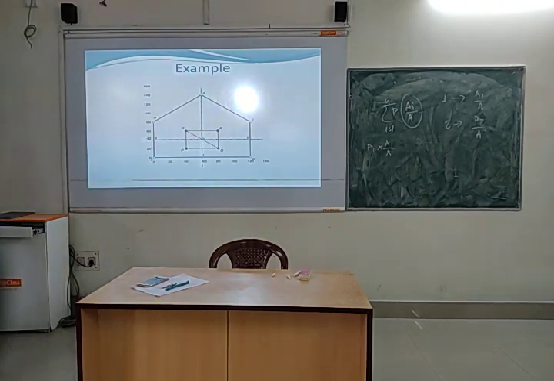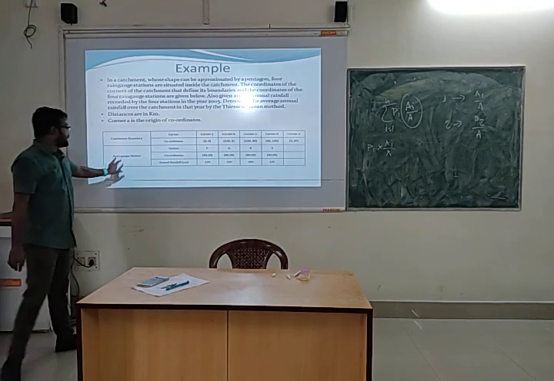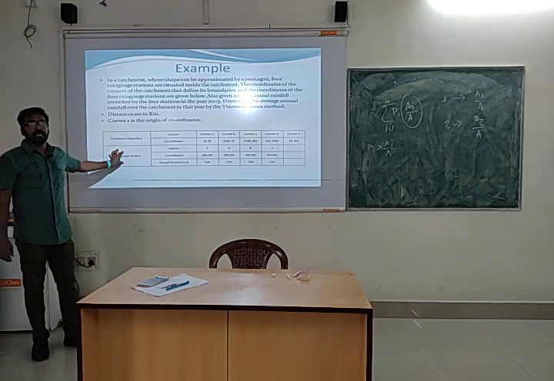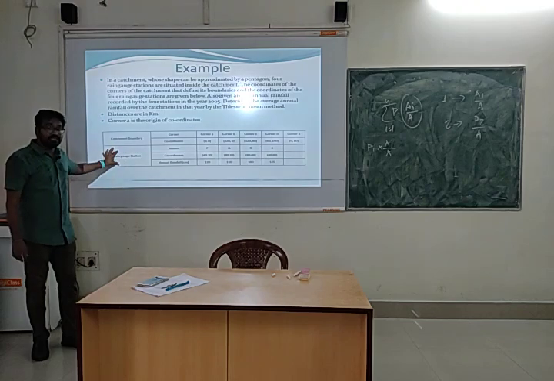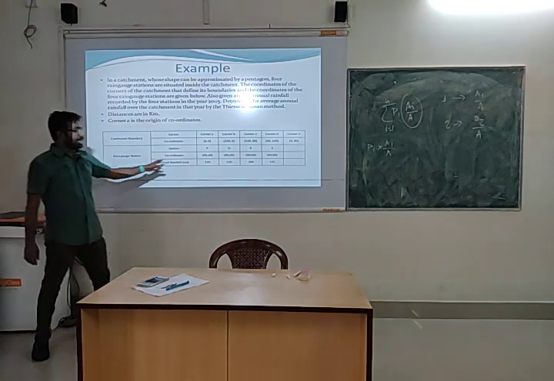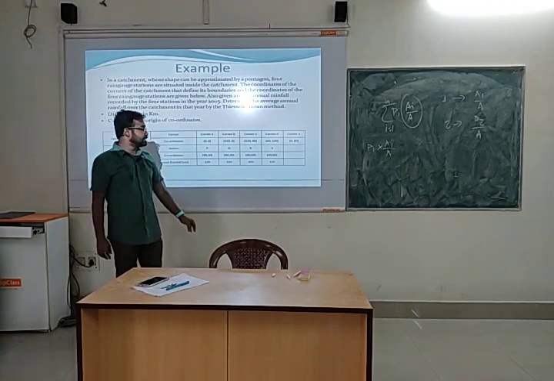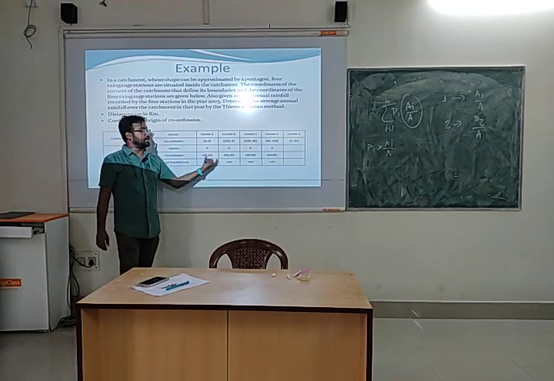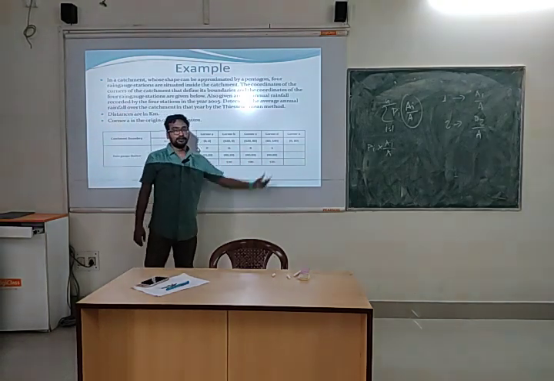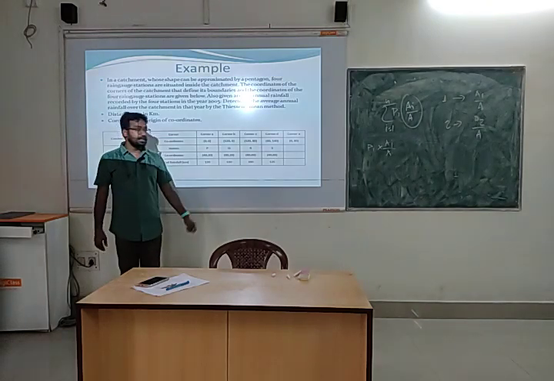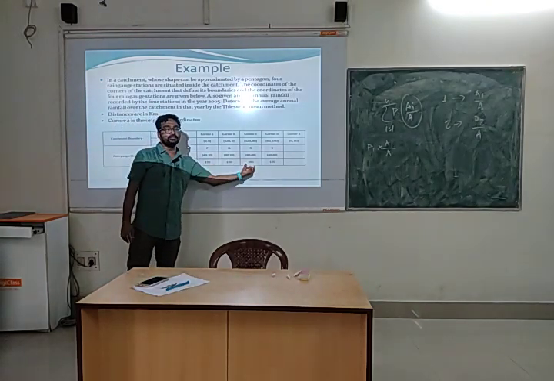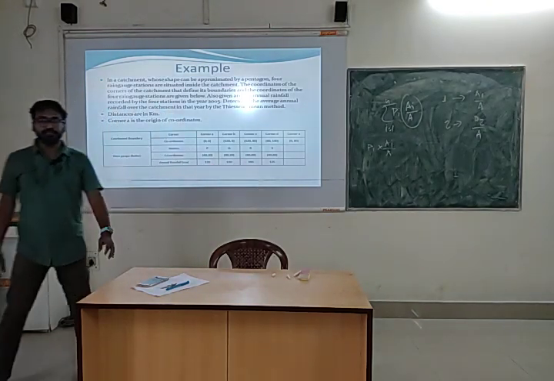Another thing that is given is the coordinates and rainfall values of rain gauge stations. So rain gauge stations number 1, 2, 3 and 4 are there, and the coordinates of the rain gauge stations are given. Clear? With the rainfall values of the rain gauge stations.